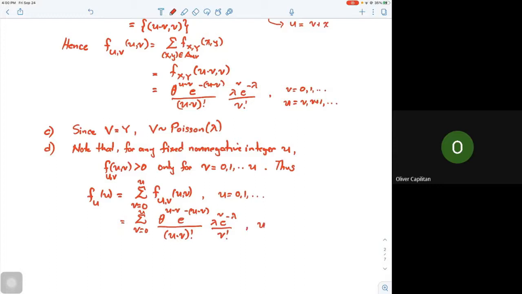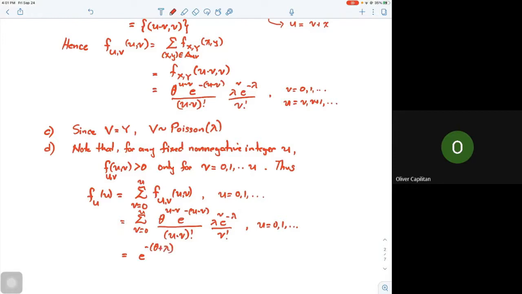Again, u value from 0, 1, and so on and so forth. And then we can write the factors that do not depend on v before the summation symbol. We have here e to the negative theta plus lambda.